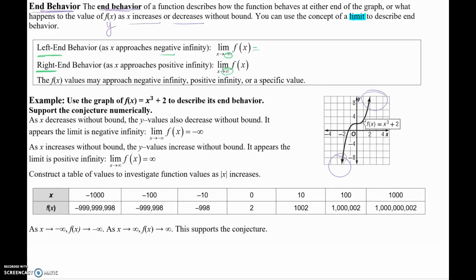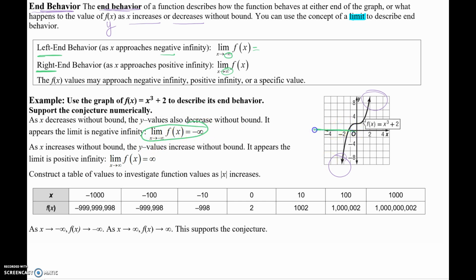So the example that it gives you in order to try to model this is saying, okay, here we've got a graph, f of x equals x cubed plus 2. And so we want to just describe what's happening to the end behavior. So as x decreases, the y values also appear to be decreasing, so we can write this, the limit as x approaches negative infinity.